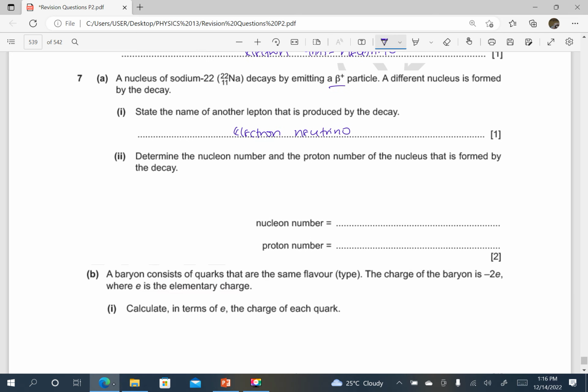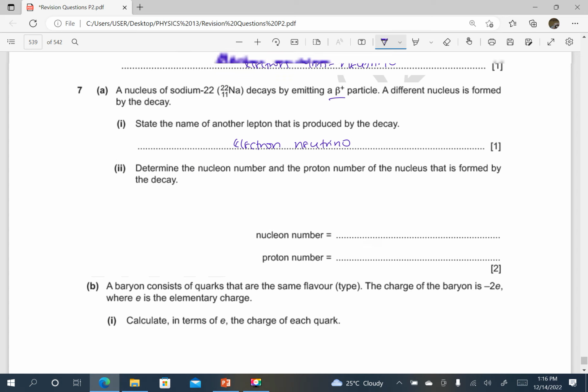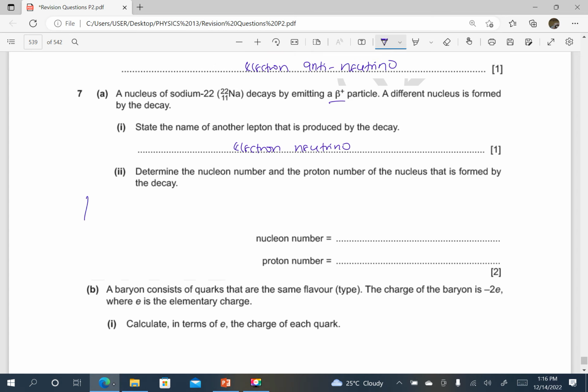Determine the nucleon number and proton number of the nucleus that is formed by the decay. So we have sodium 22 11 decaying by emitting, let's say, nucleus X plus beta plus. Beta plus is 0, 1. Here nucleon number remains 22. No, this is 10 actually.